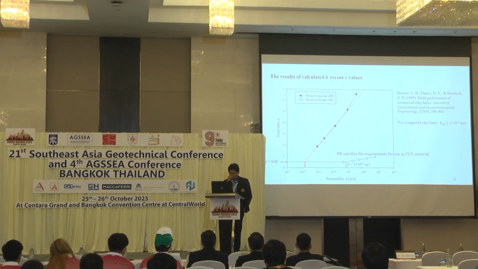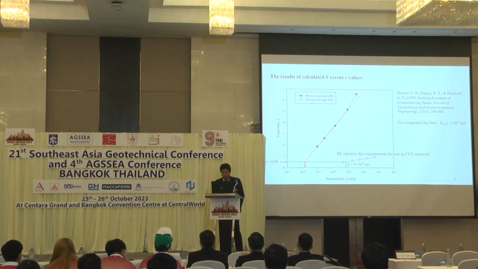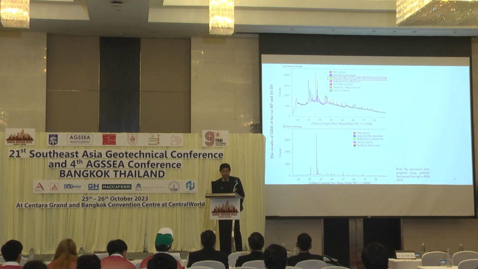And for the minimum requirement of the CCL, they require the k should be less than or equal to 10 power minus 9 meter per second. So we can say the CCL can be used. The reason is, in the above figure, you can see the BP has a montmorillonite component.